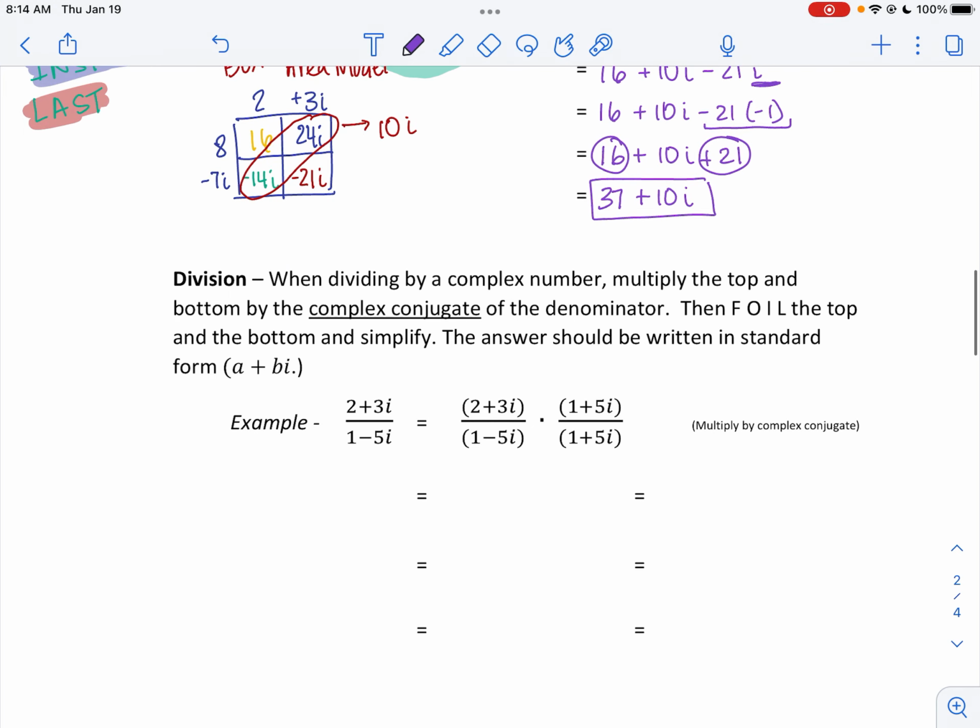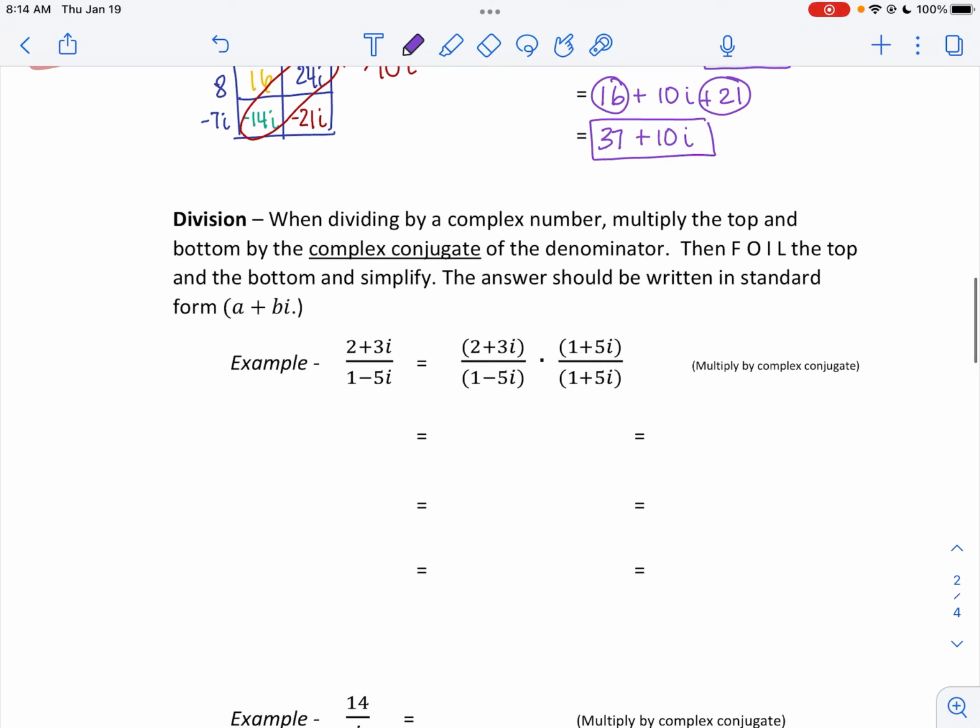Okay? Division. Division is a little more complicated than multiplying. You do both. You multiply and divide when it comes to dividing complex numbers. So when dividing a complex number, it says to, 1, multiply the top and bottom by the complex conjugate.